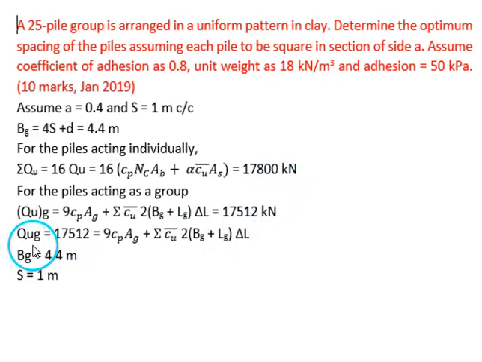Then we have to equate this value to the capacity of the pile group based on the block failure criteria, because in the block failure equation only the spacing is there in terms of Bg. So here we have to find the Bg value, which is equal to 4s plus d. Then from this we can find out the value of spacing.